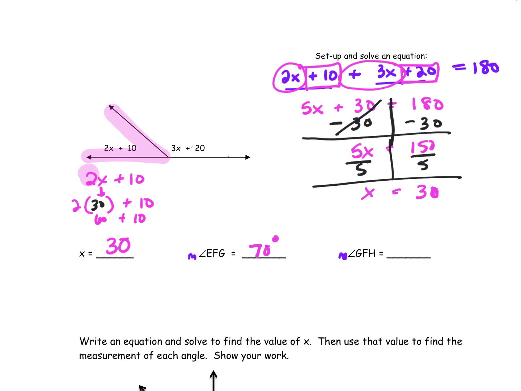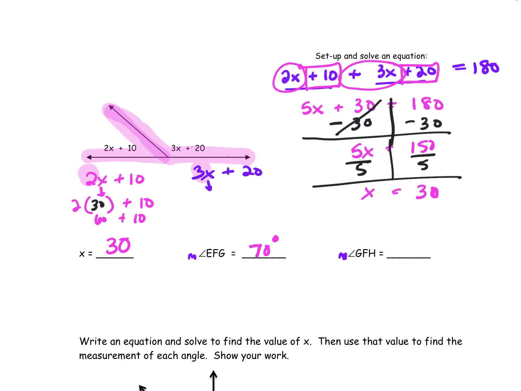Now, before we do the next, we can guess what we think it is based on the fact that this is 70 degrees. Since it is a pair of supplementary angles, we'd expect 180 minus 70 to be 110. So let's see if that's what we get using our algebra skills. This angle has 3x plus 20.